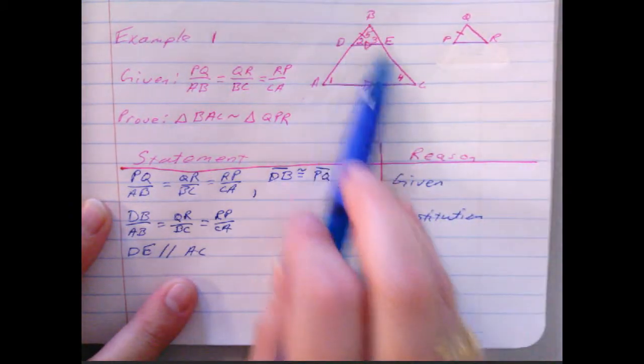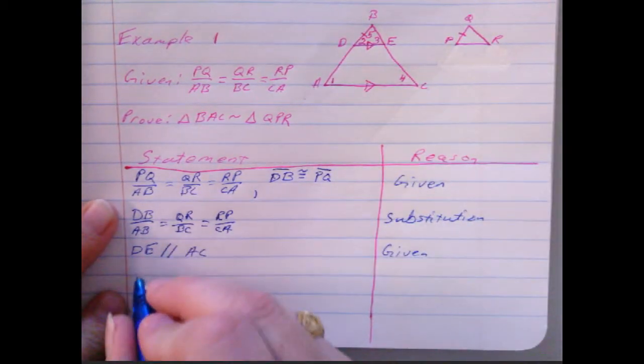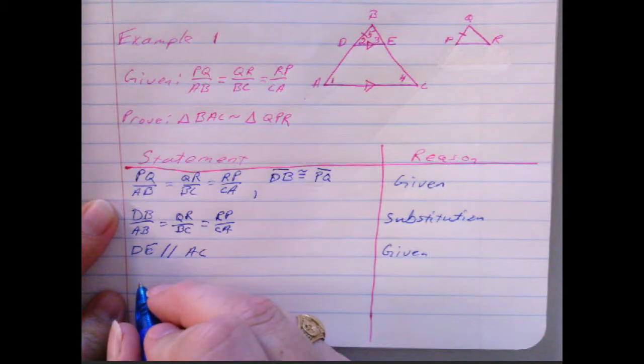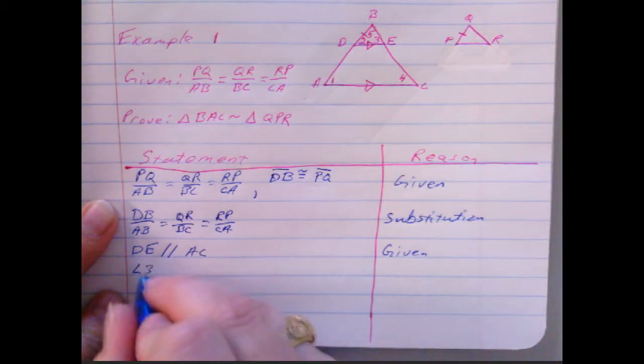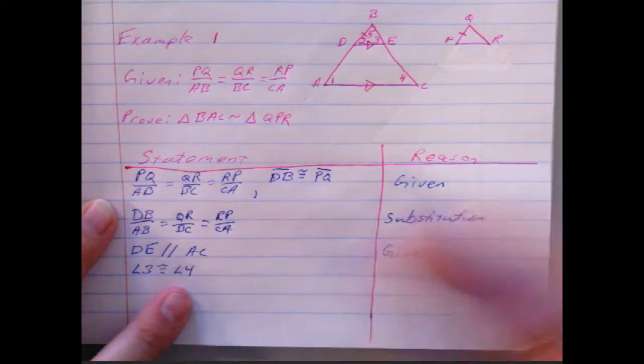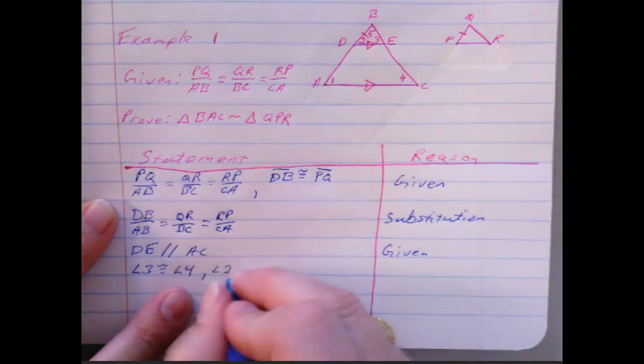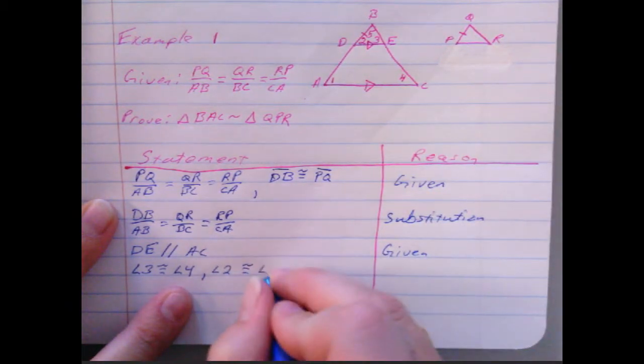I'm going to look at my transversal being BC first. So since those lines are parallel, we know that corresponding angles are congruent. So angle 3 is congruent to angle 4. If I look on this side with my parallel lines, I can also say that angle 2 is congruent to angle 1.